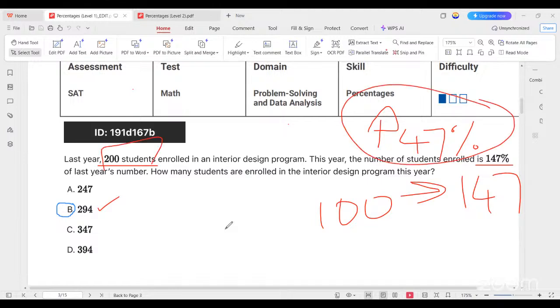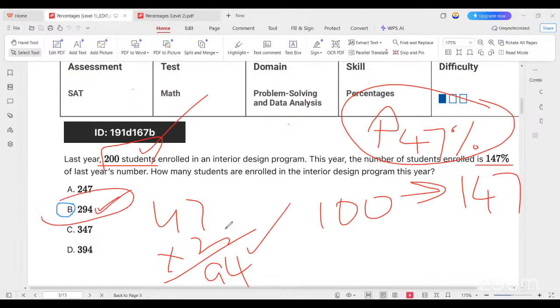For 200, it is 47 times 2, which is 94. So 200 plus 94 is 294. Got it? Either we can apply the formula or by logic also we can do it like this. Whatever you feel is easy or fast, you can go with that.